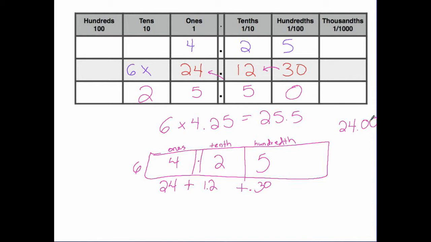Now what am I going to add to 24? What do I add now? 1 and 2/10. Could I add another 0 behind it just to make it all even? Yeah. And now what do I add? 30 hundredths.